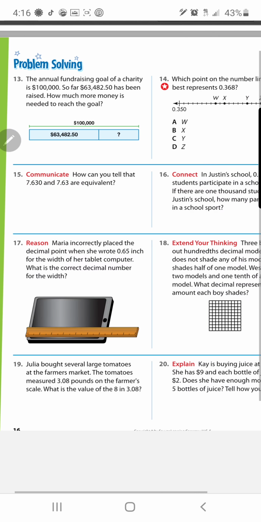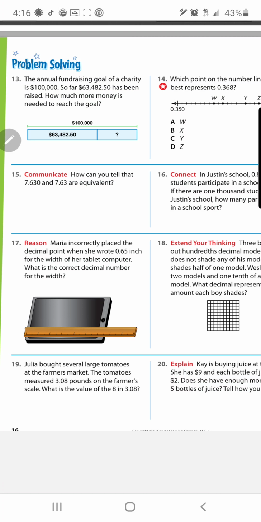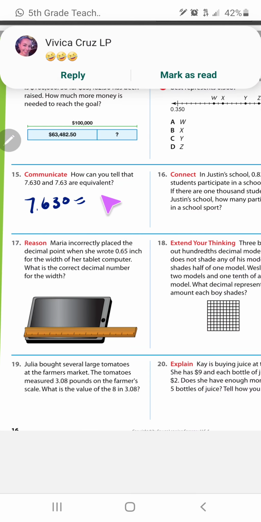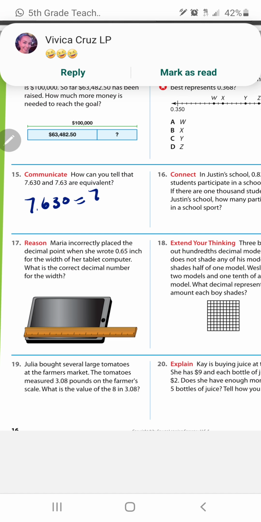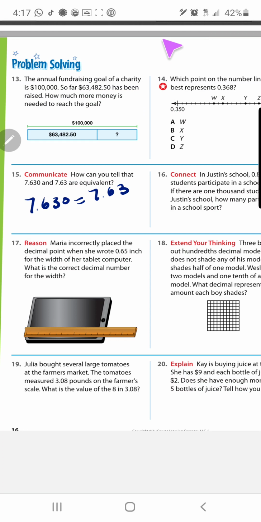It says, how can you tell that 7 and 630 thousandths and 7 and 63 hundredths are equivalent? Well, besides the fact that it has that extra zero, which you can get rid of, right? 7 and 630 thousandths, you can actually get rid of that zero, and it ends up being the same.